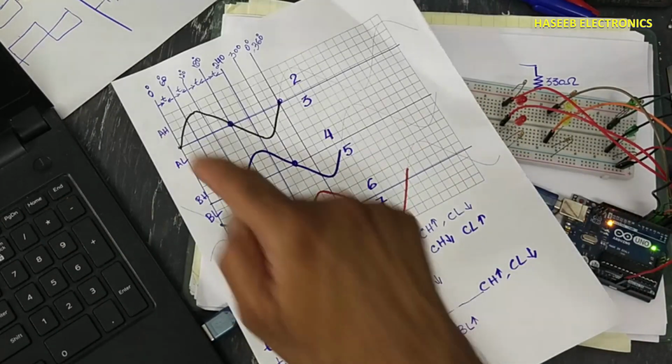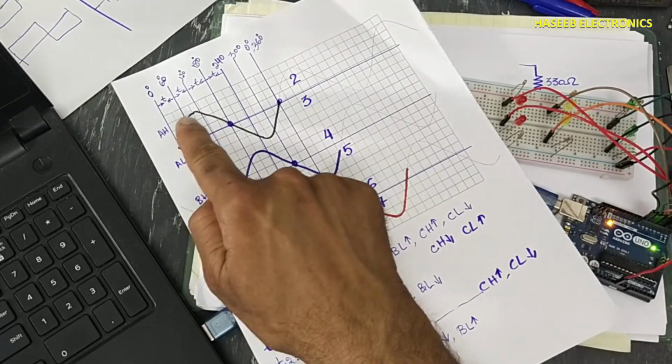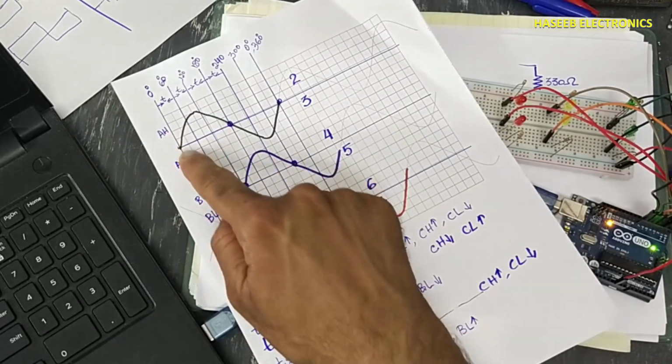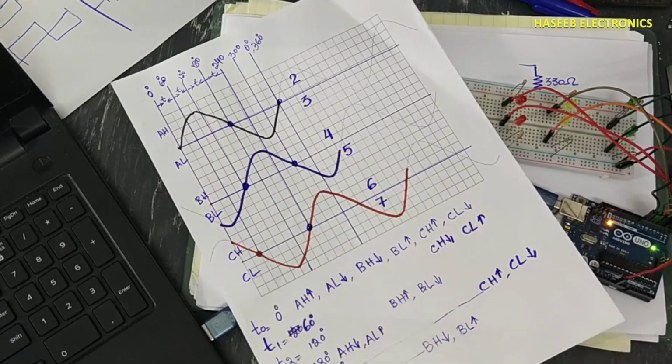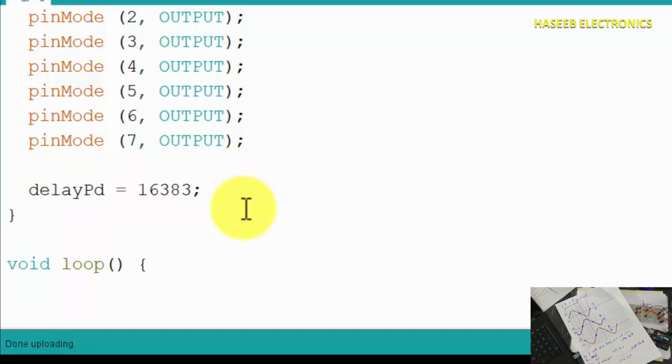Let's create conditions here. In the initial step, we need to turn off all the signals low. In the setup, digitalWrite.